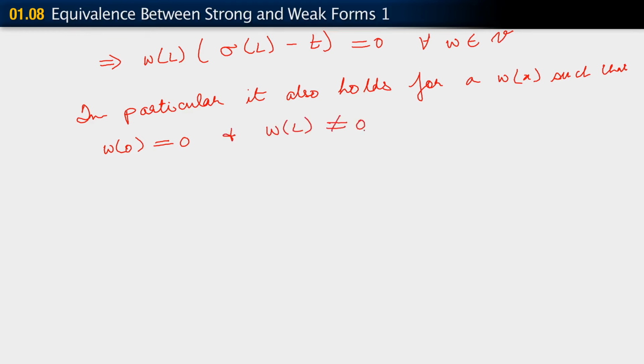It also has to hold for this particular choice of W. Well, if that is the case, the only way the condition at the top of the slide can hold is if sigma at L minus t equals 0. Okay? But after all, this is nothing but the Neumann boundary condition of the strong form.